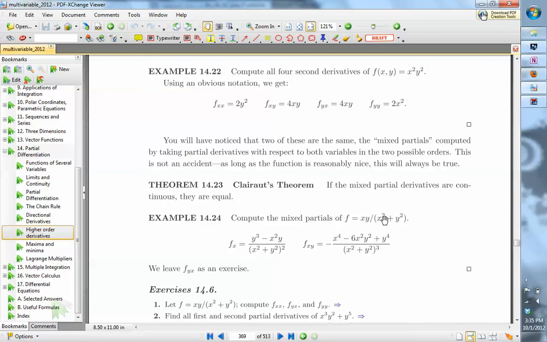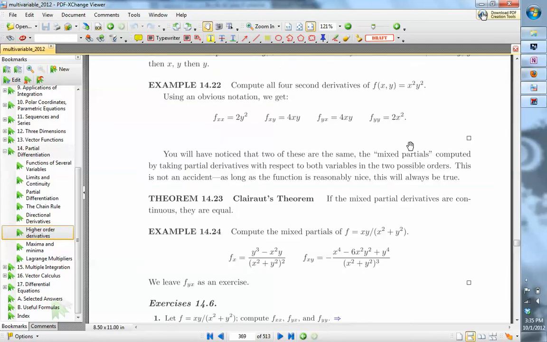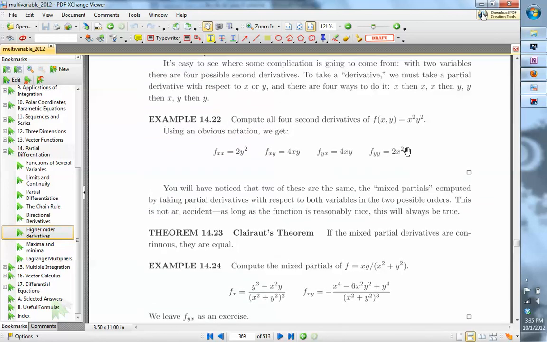So f sub xy is the same as f sub yx. And so if you take that information and you go back up to, say, example 14.22, there are really only 3 unique second derivatives. So nominally there are 4, but by Clairaut's theorem, the mixed partials are equal.